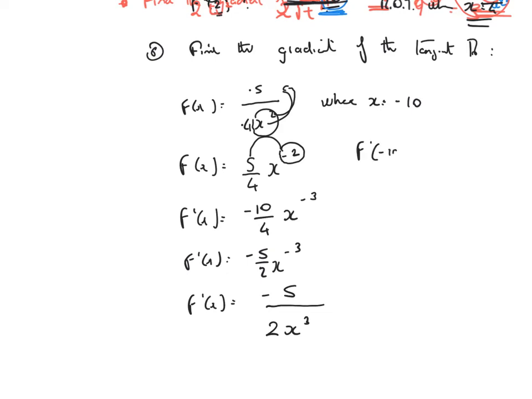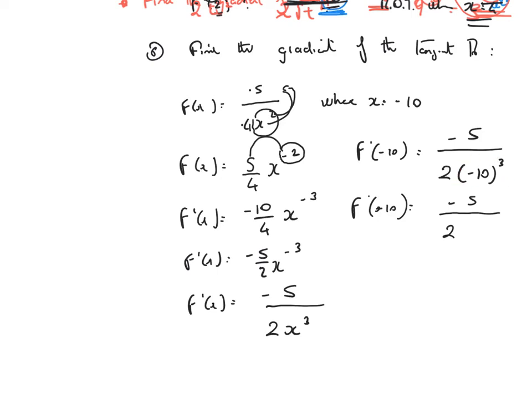Then sub in minus 10. So it's going to be minus 5 over 2 lots of minus 10 cubed. Now, notice at no point am I needing to take out the calculator because I'm tidying up negative into positive powers. So it's minus 10 cubed. That's minus 10 times minus 10 times minus 10.